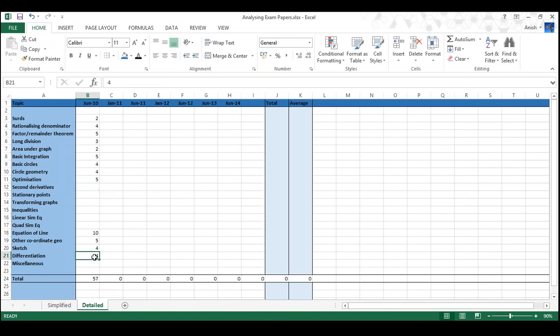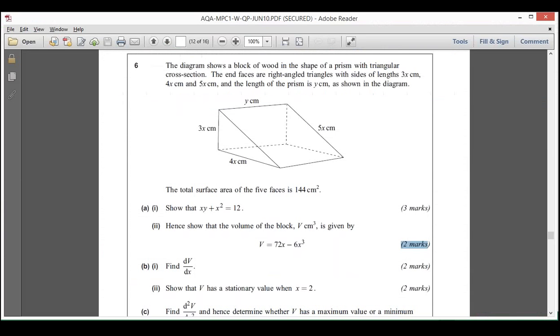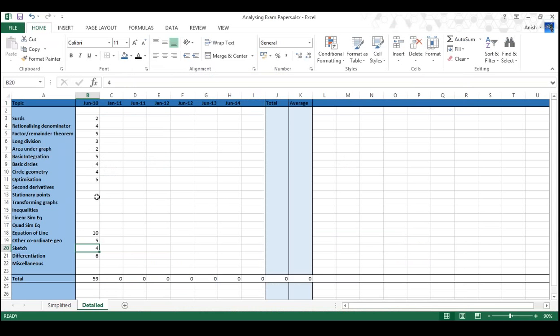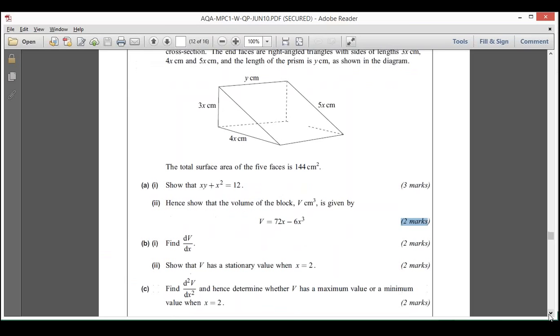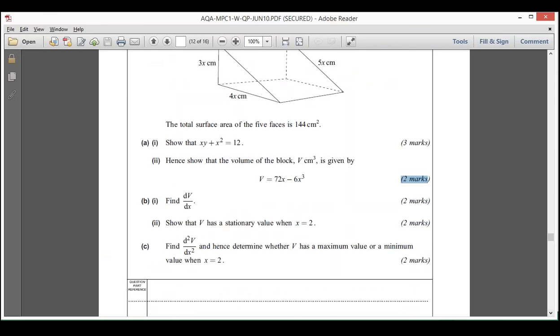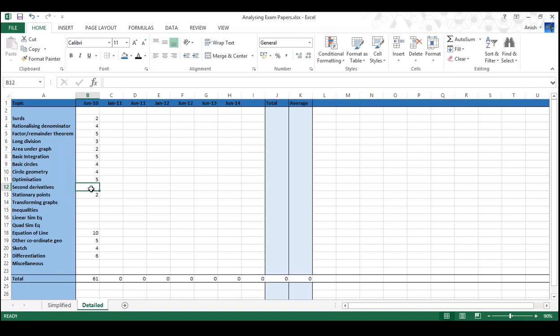So I'm going to add 2 onto there. Stationary points, so I've got that here, so 2 marks there. Okay, second differentials, 2 marks.